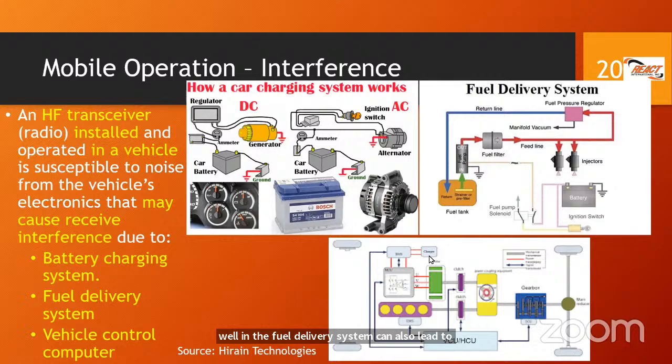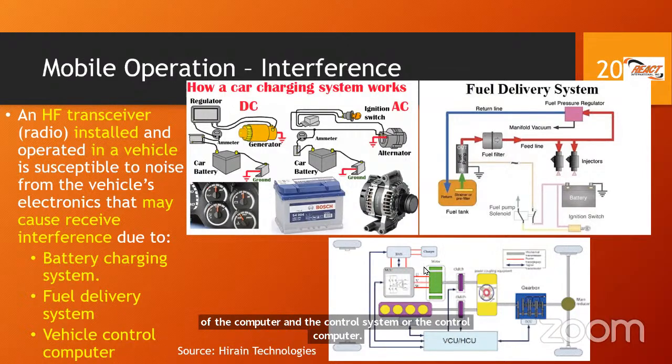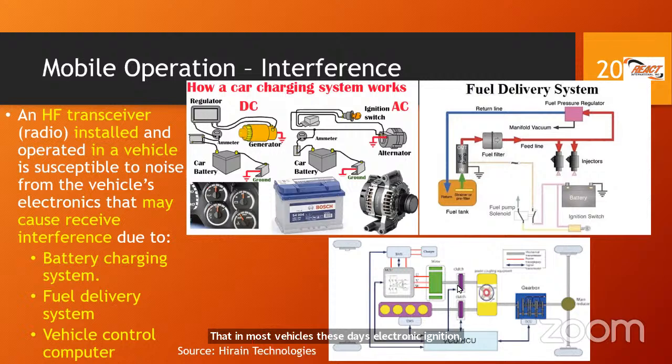And last but not least, what we call the brain box, the control computer that in most vehicles these days is electronic ignition, computer controlled. It's no longer the carburetor type vehicle anymore. And even electric vehicles have a lot of electronic controls. Those electronic controls have switching circuits, different types of circuits that will generate broadband noise on the radio frequency spectrum.